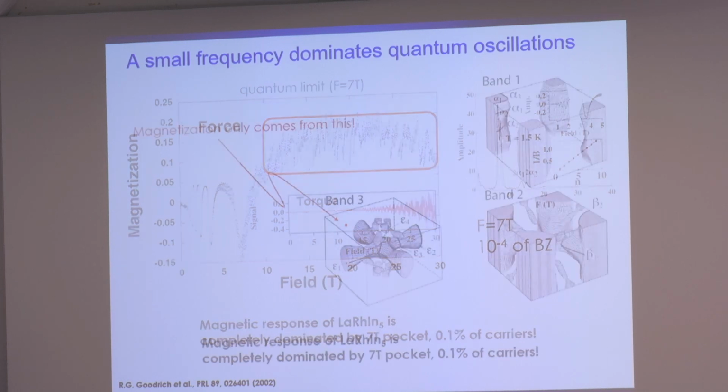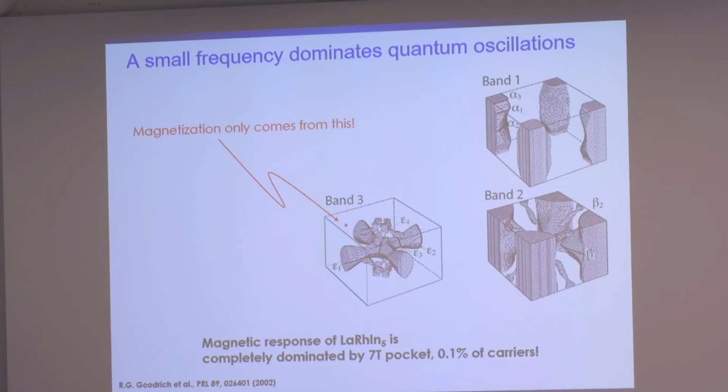I don't think there's particularly much physics about this. But the point is that you have something with 10 to the 23 carriers per cubic centimeter, a decent bulk metal, and the magnetization comes from this teeny tiny blob, 7 Tesla wide. That's 0.1% of your Brillouin zone. It's a tiny pocket, and that gives you a huge paramagnetic response.